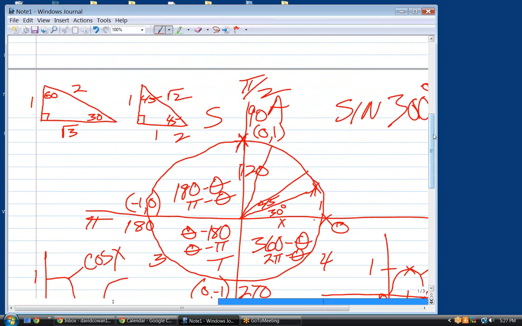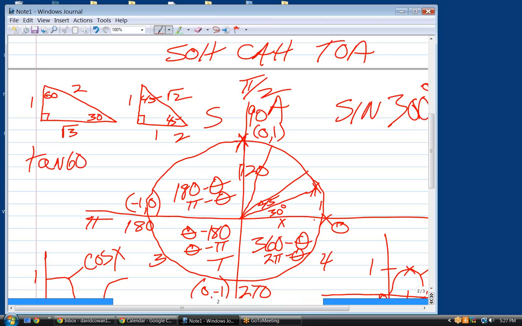It would just be opposite over adjacent. Opposite is root 3, over adjacent is 1. Okay. So the tangent of 60 is root 3.